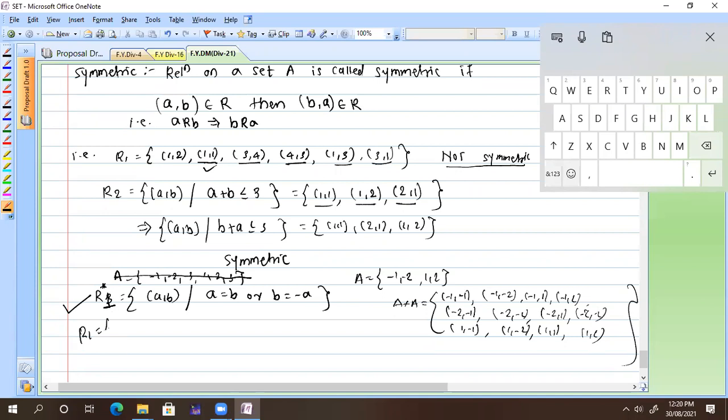First, what you need to write down is how many elements R1 contains. R1 is defined by a is equal to b. So whenever a is equal to b, that many elements you can write down here. So -1, -1 comes here, -2, -2 comes here, -3, -3 comes here, -4, -4 is not there.